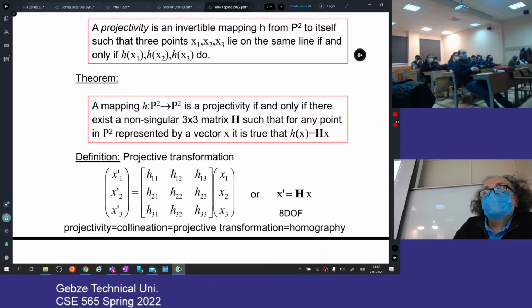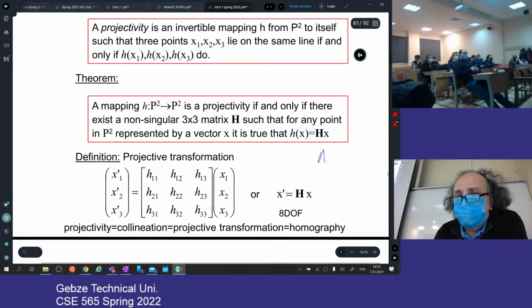If a matrix A is invertible, then you can get the inverse of it. And if you multiply these two, you would get the identity matrix.